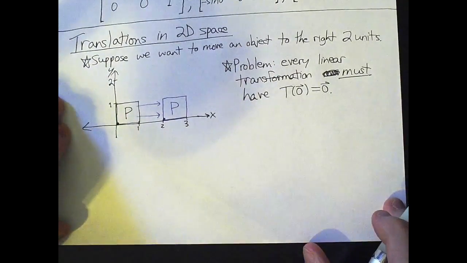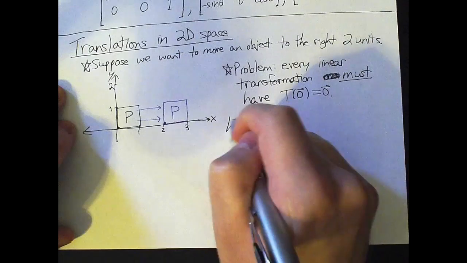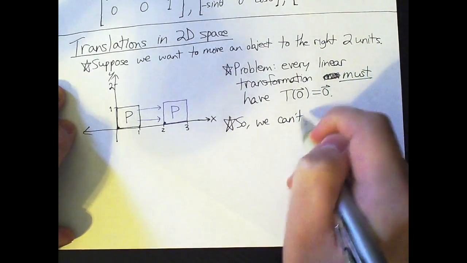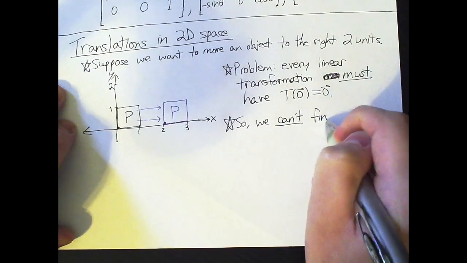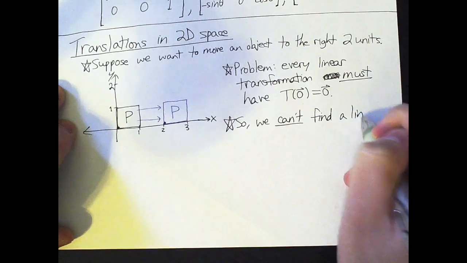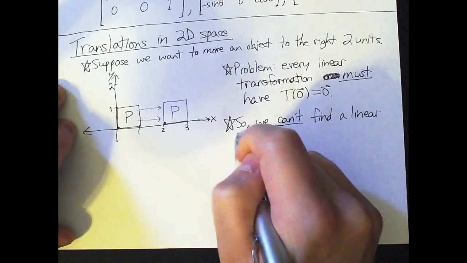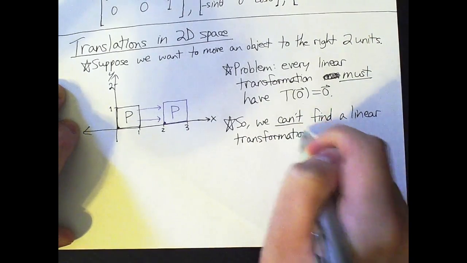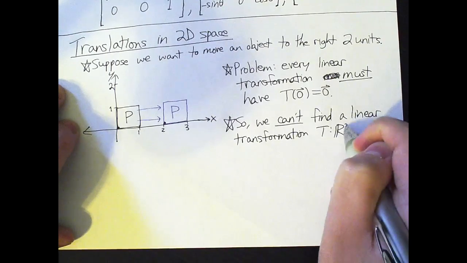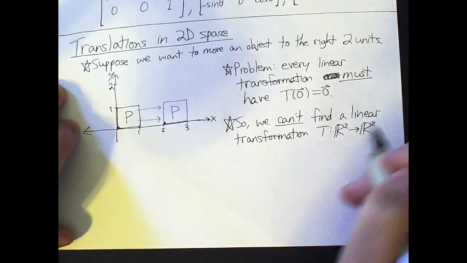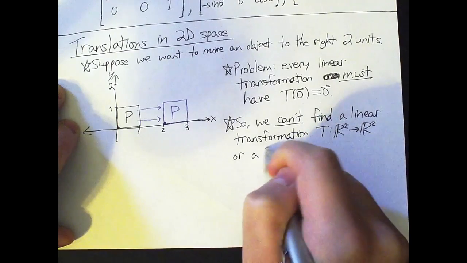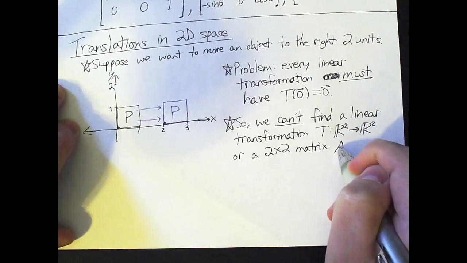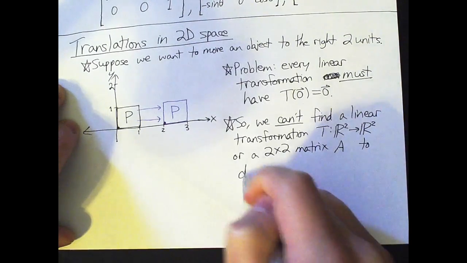It might still be a kind of movement that we would like to do, but I'm going to say that we can't find a linear transformation T from R2 to R2, or a 2 by 2 matrix A, to do this.